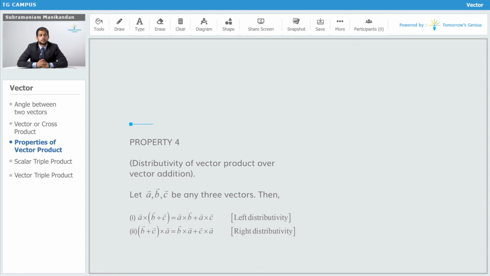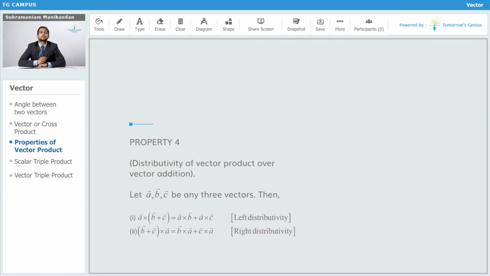So that gives resultant of the vector a bar cross b bar and a bar cross c bar. A bar cross b bar plus c bar equals a bar cross b bar plus a bar cross c bar. This can also be written as b bar plus c bar cross a bar equals b bar cross a bar plus c bar cross a bar.